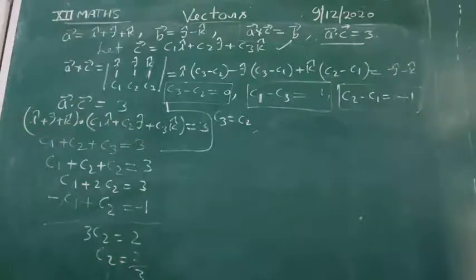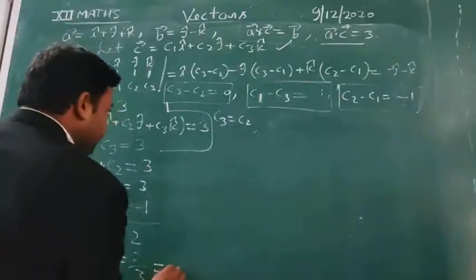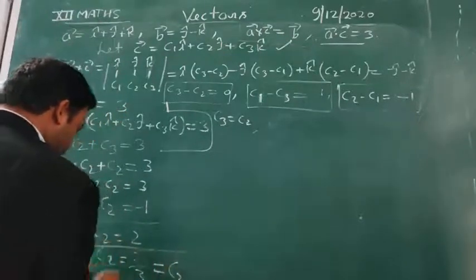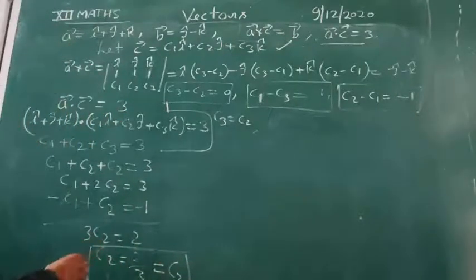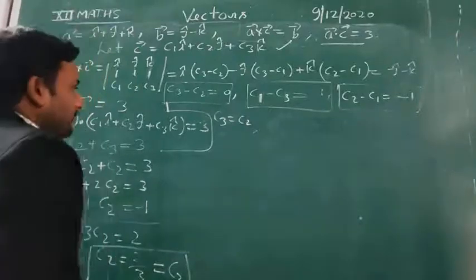From here we are getting our C2 is 2 by 3. Now this is equal to C3. So C1 and C3 we have to find out. Now our C1 will be what?